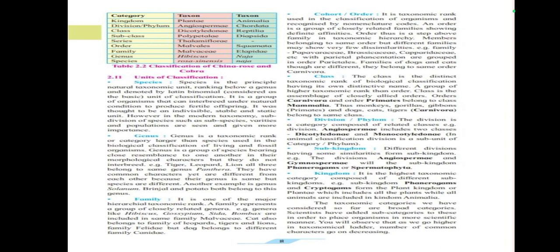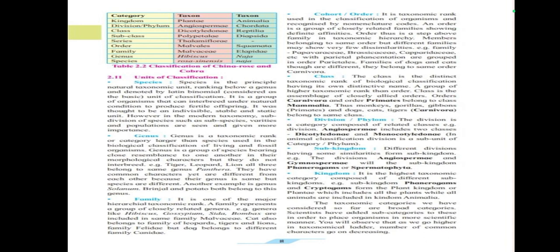The members belonging to the same order but different families may show very few dissimilarities. Example: families Papaveraceae, Brassicaceae, Capparidaceae, etc. with parietal placentation are grouped in order Parietales. Families of dogs and cats too are different, but they belong to the same order Carnivora.